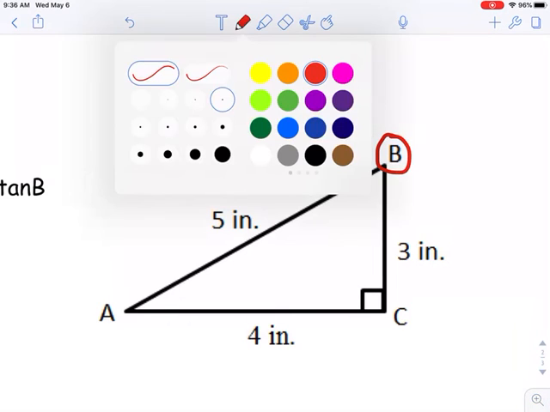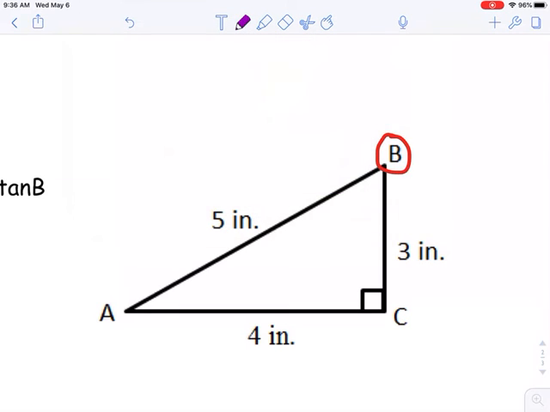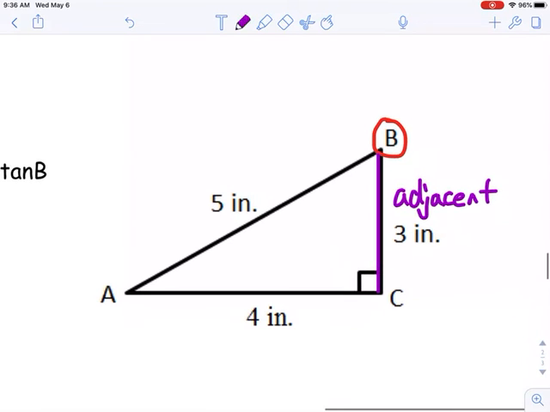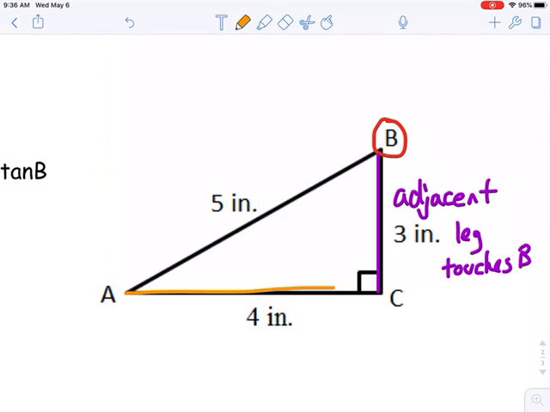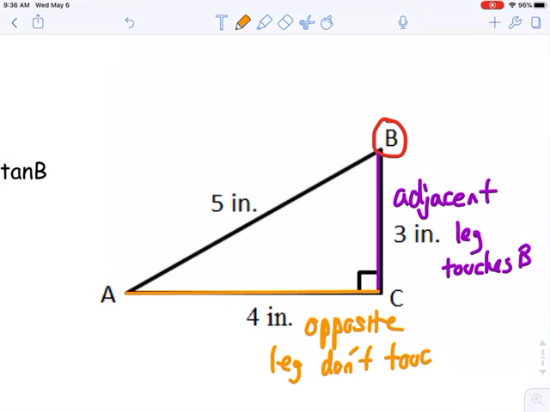Alright, so if that's the reference angle, this is the adjacent side because it's the leg that touches B. This right here is the opposite side because its leg don't touch B.